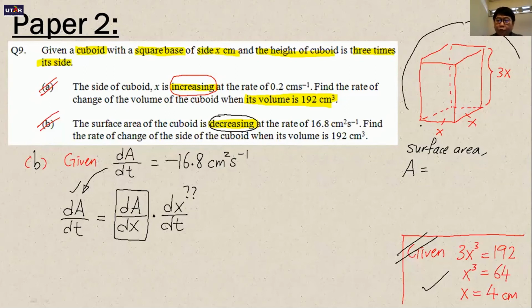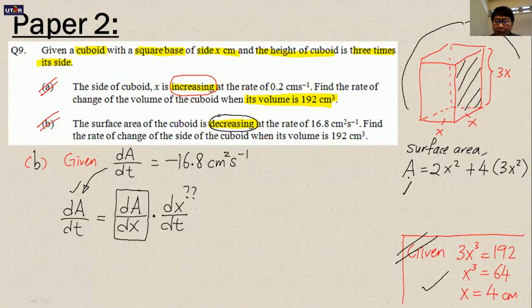So what is the total surface area? The top is x squared, the bottom is x squared, so base and top give 2x squared. Then we have 4 sides. What is the area of this side? x times 3x, we have 3x squared. We have 4 of it, so times 4.